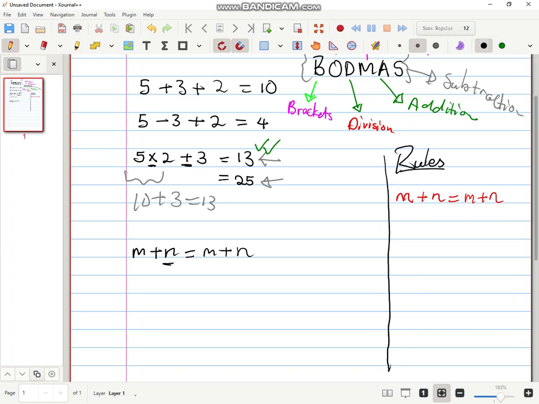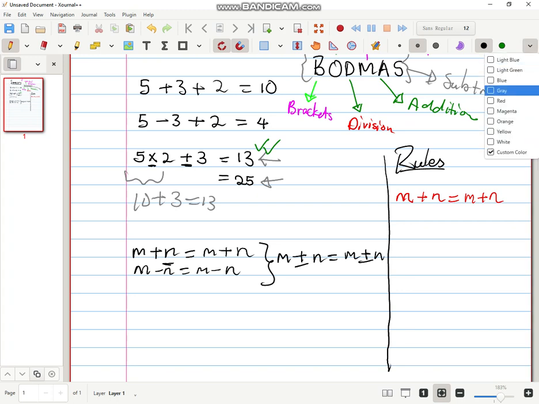So the next one is m minus n. You're going to have m minus n, right? So we can compress this into 2 and say m plus minus n equals m plus minus n.